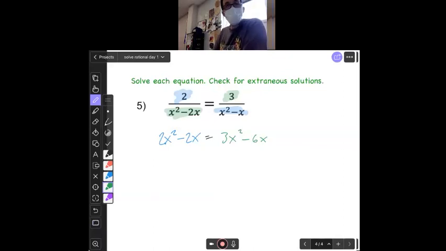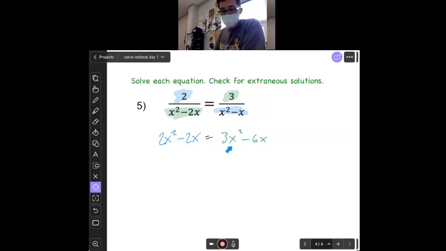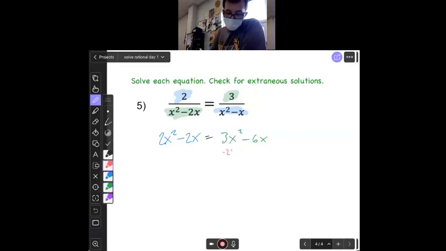Be really careful about that. I'm going to look and say, okay, I've got 2 types of terms here, x's and x squareds. So I want to gather them. Always move them towards the bigger of the 2 x squareds. So I'm moving everything to the right this time. Minus 2x squared plus 2x. That leaves me with x squared and then minus 4x.